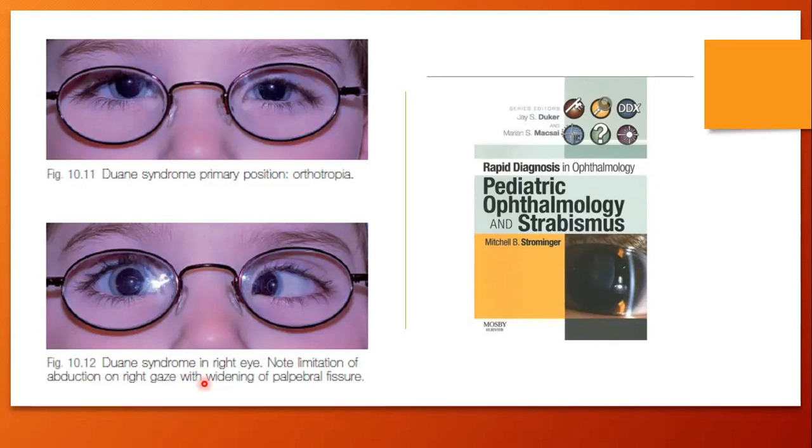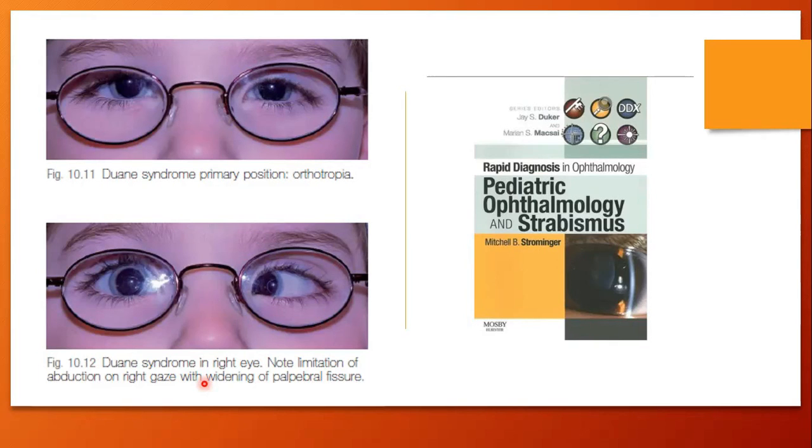There is limitation in the abduction in the right eye. It doesn't move beyond the midline. And also there is a widening of the palpebral fissure relative to the primary position. The left eye is normal.